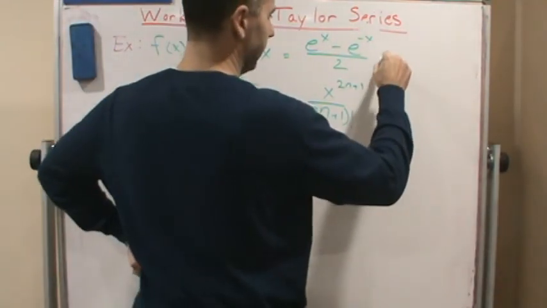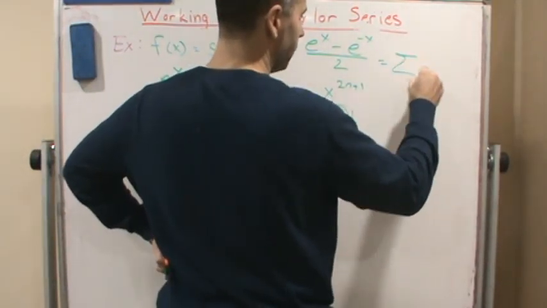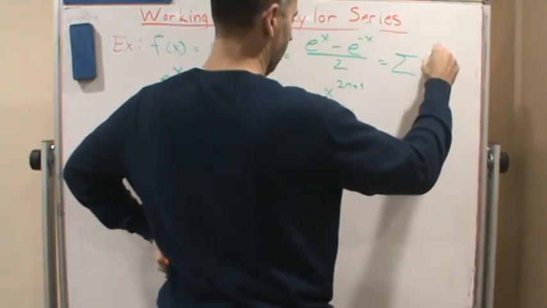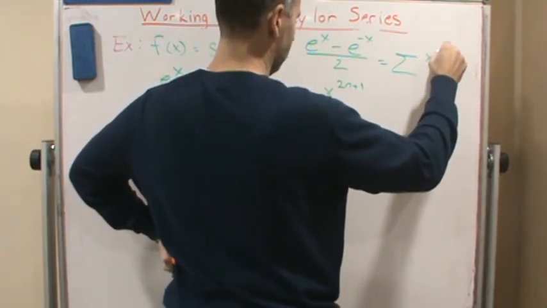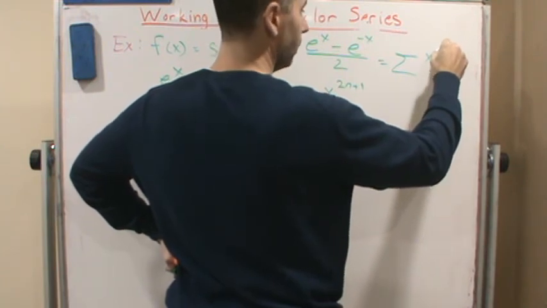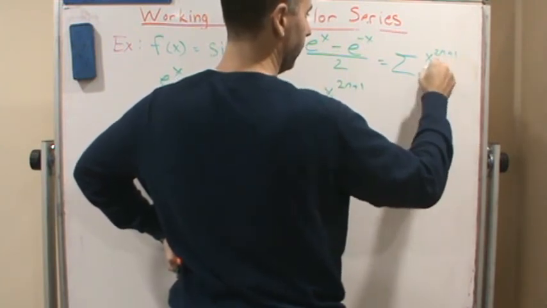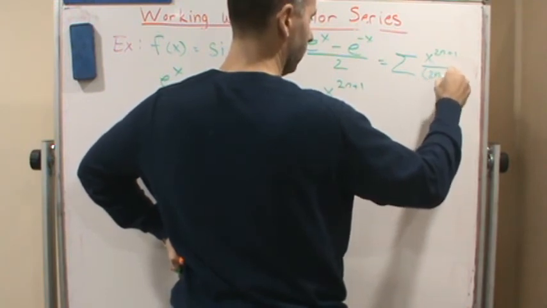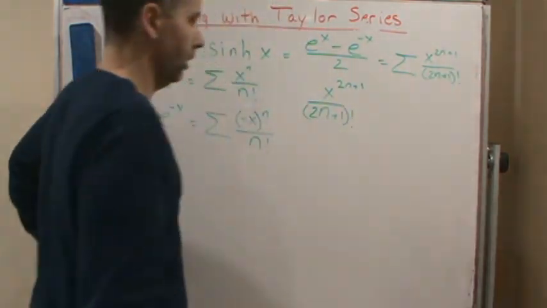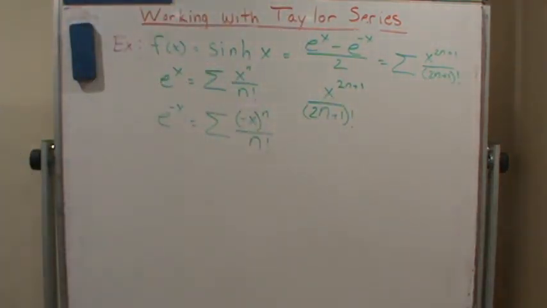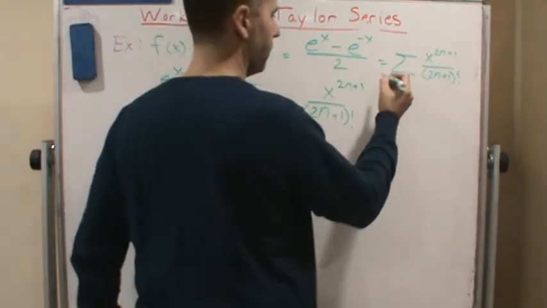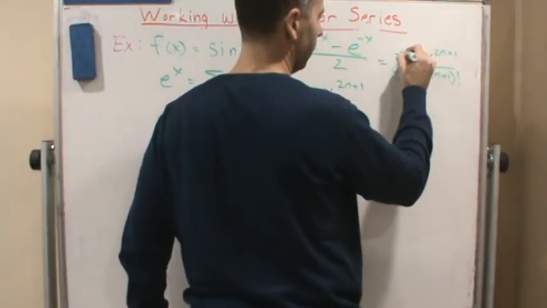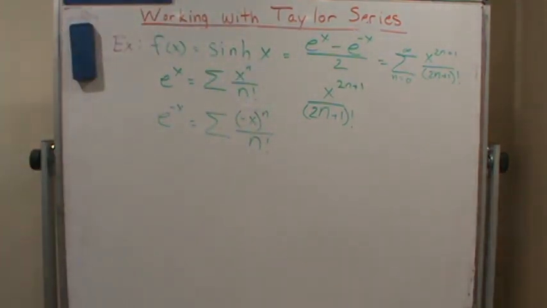So this will actually end up being the summation of x to the 2n plus 1 over 2n plus 1 factorial. And of course, this is from n equals 0 to infinity. And that's going to give us the odd terms.